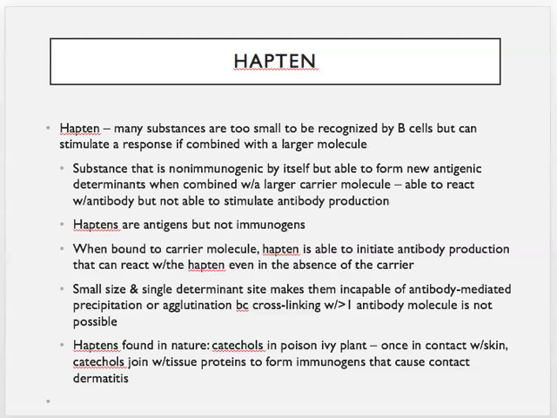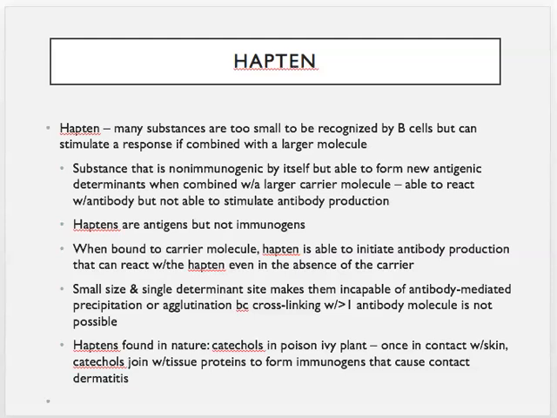So we're going to talk more a little bit later about precipitation and agglutination reactions. Those are just when you have multiple antigen-antibody reactions that are occurring together, and the result of that is a visible product that we can see. So that's the precipitation or the agglutination.